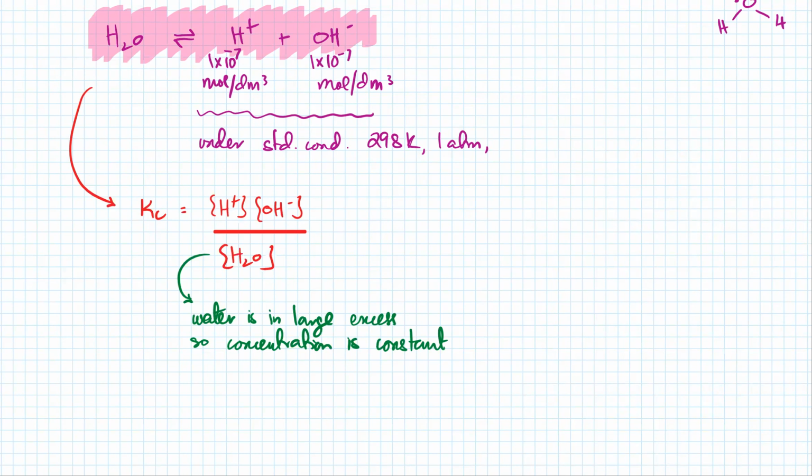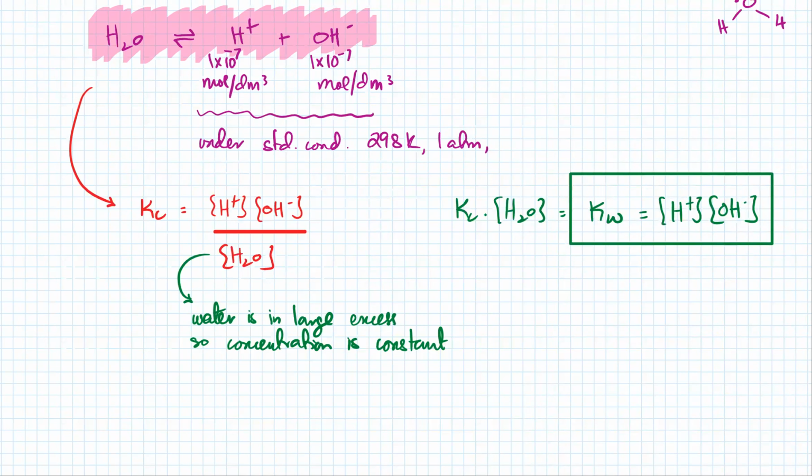You can either remove it, like solids, which you just remove from the expression, or you can put the constants together. So it's Kc times the water concentration. You call this Kw, which is H plus 1 concentration times OH ion concentration. There's nothing new in this, except that you removed water from the expression because it's a constant. Is that clear?